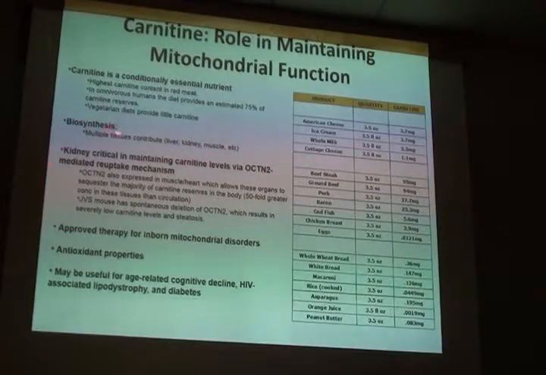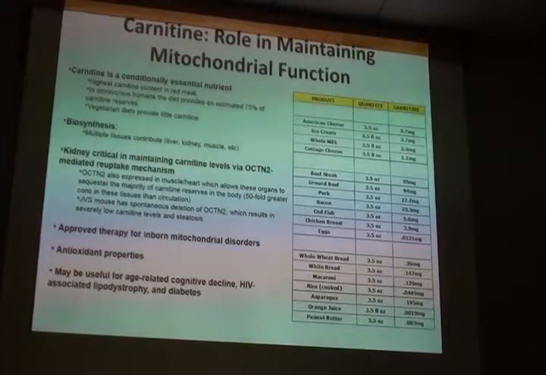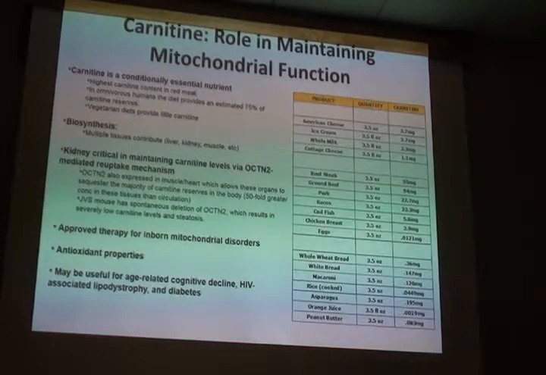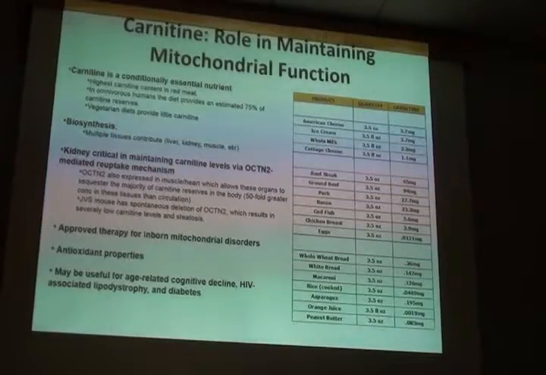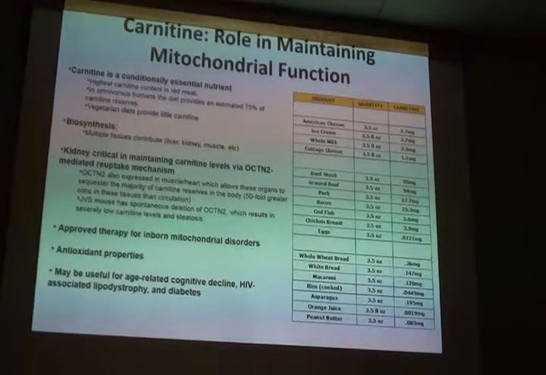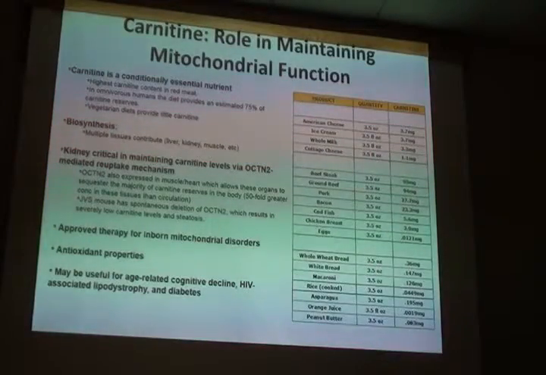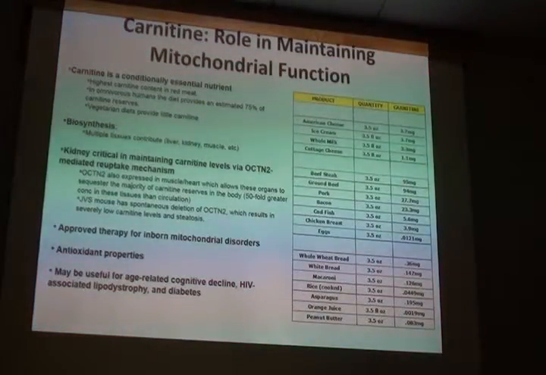So again, we are capable of synthesizing carnitine, and I'll go into that in a little bit, but multiple tissues do contribute. Liver, kidney, and muscle are the primary tissues that contribute. Carnitine has also been shown to be very important, not just for the reasons that I mentioned earlier, but for reasons that I'll get into.